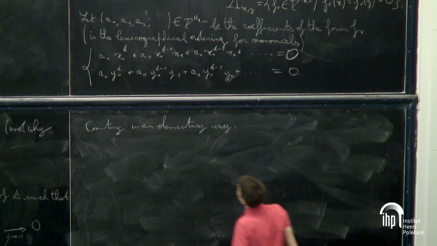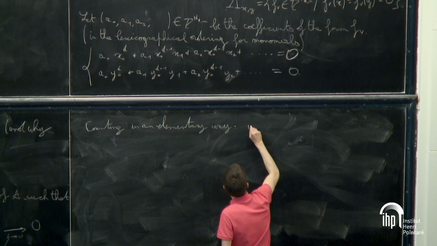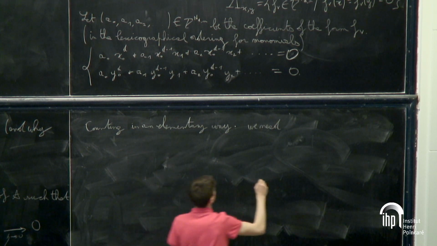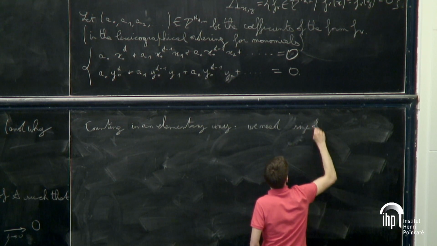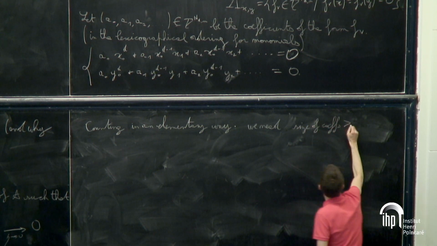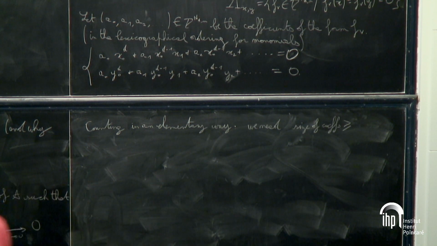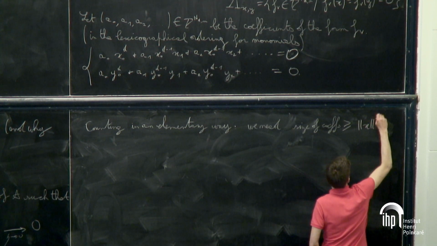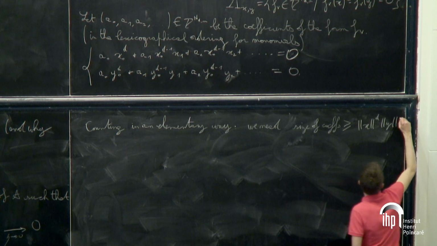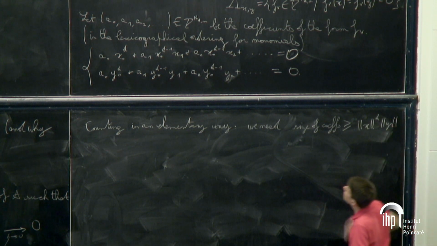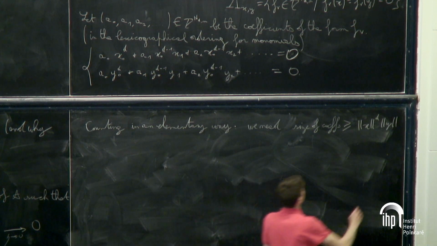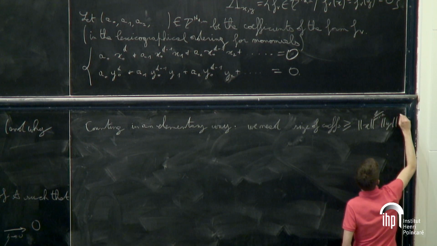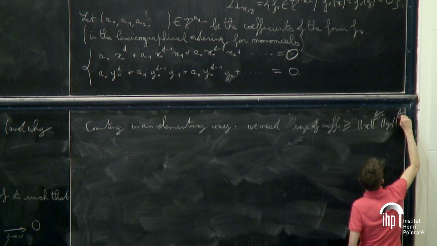we see that what we need is that the size of the coefficients, so A0, A1, A2, we need it to be at least the size of the 2x2 minors, which is about the x norm to the d times the y norm to the d, so d over n plus 1 minus d, and d over n plus 1 minus d.